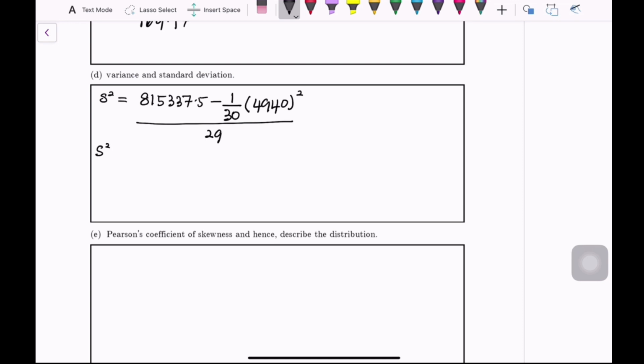So S squared, or variance, is 64.97. For standard deviation, S is the square root of the variance. So the square root of 64.97 is equal to 8.06.